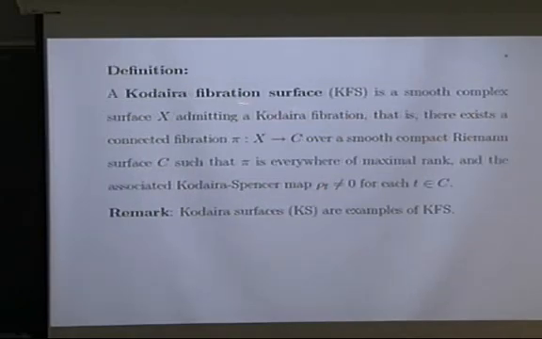So here, at least for this talk, a Kodaira fibration surface, or KFS, is a smooth complex surface admitting a Kodaira fibration, meaning a fibration over some curve with smooth fibers, and such that the Kodaira-Spencer map at each point in the base curve is non-zero, or is injective, in fact.